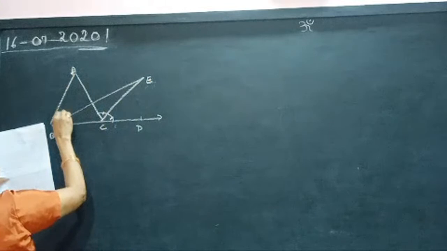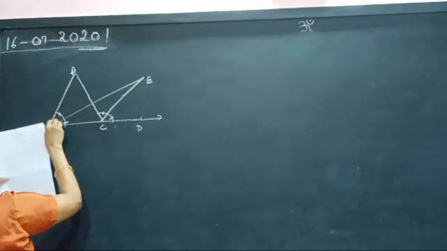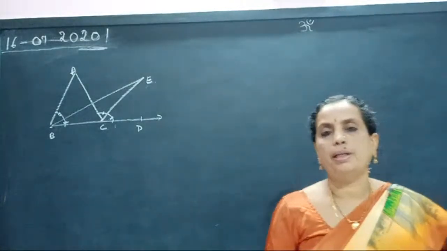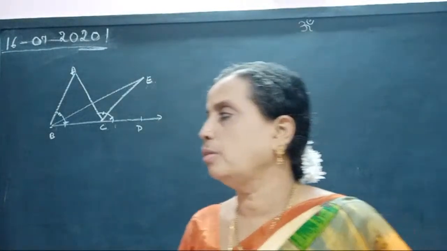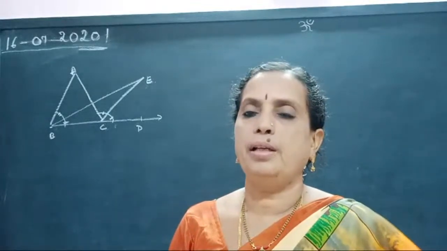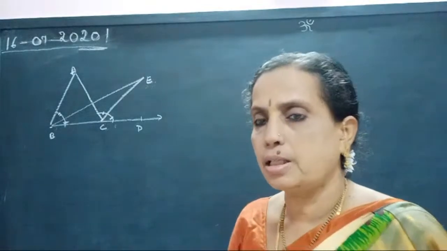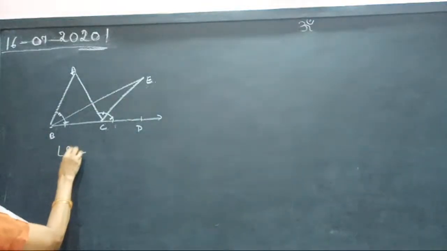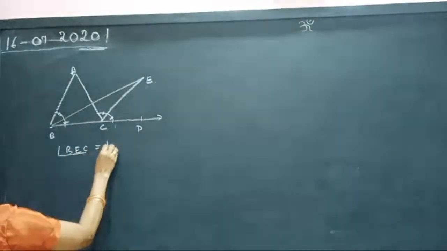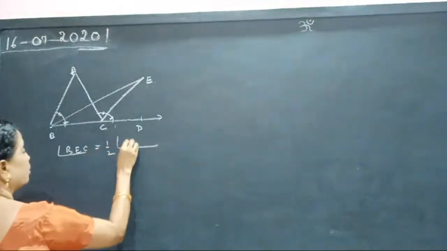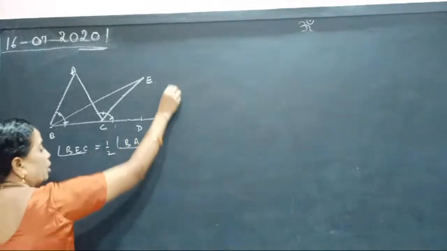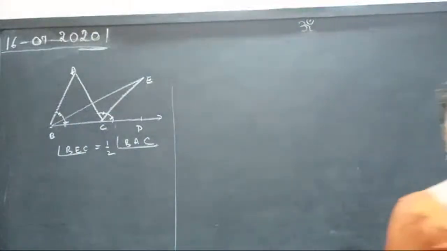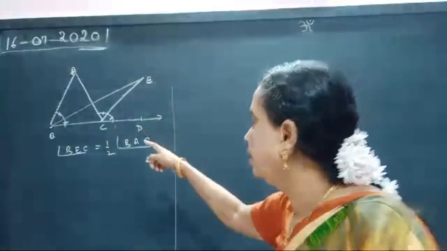This is the bisector. This is also the bisector. Here we apply exterior angle property: exterior angle equal to sum of the interior opposite angles. So we have to prove angle BEC equals half of angle BAC. Condition: the bisectors of interior and exterior angle.